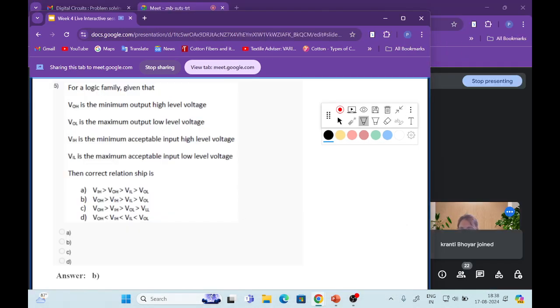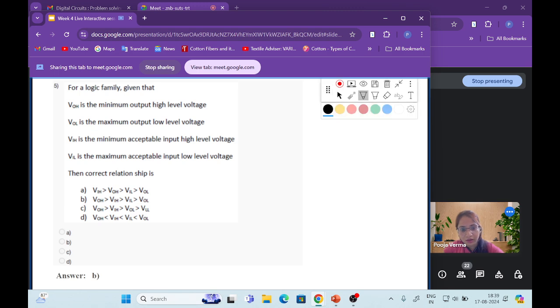So let's first see the diagram of input and output voltage range that you have already seen in this video lecture. I am making that diagram so that you can understand it better.